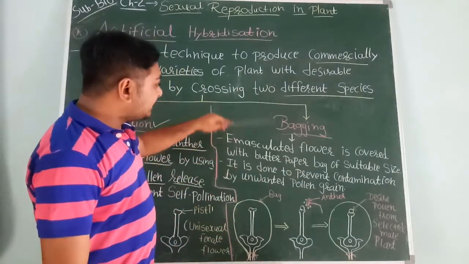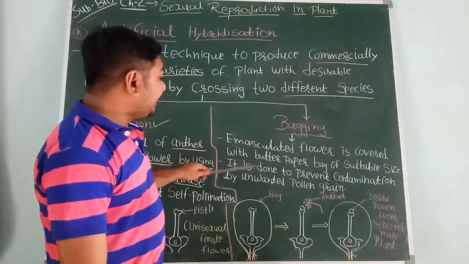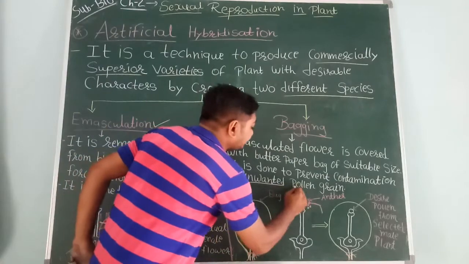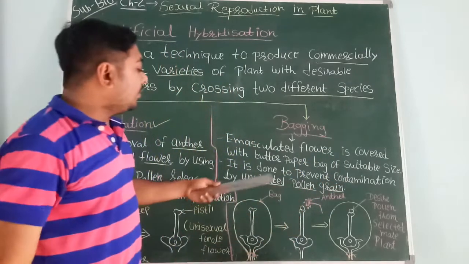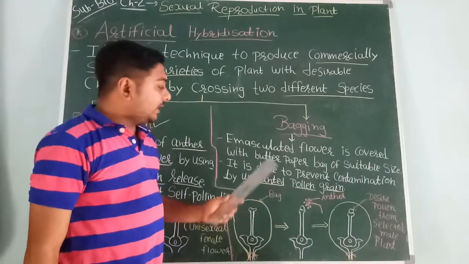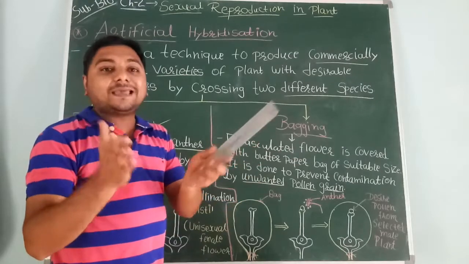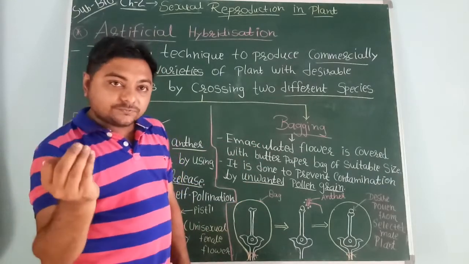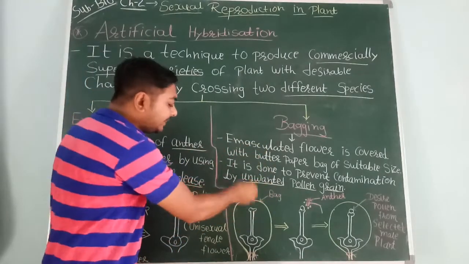What is the significance of bagging? It is done to prevent contamination by unwanted pollen grain. What do we mean by unwanted pollen grain? For combining desirable characters, we have already selected a male plant from which we need to transfer pollen grain onto this plant.